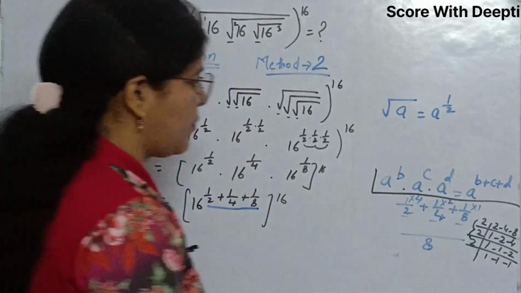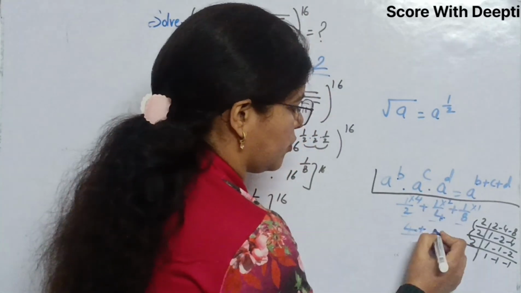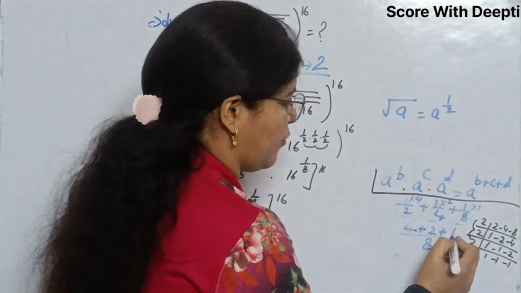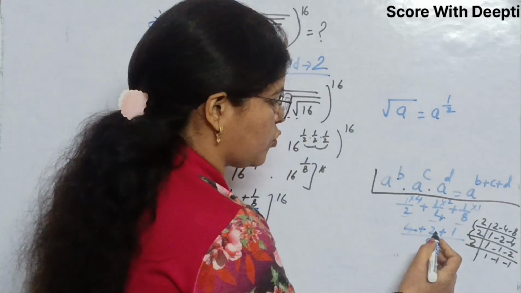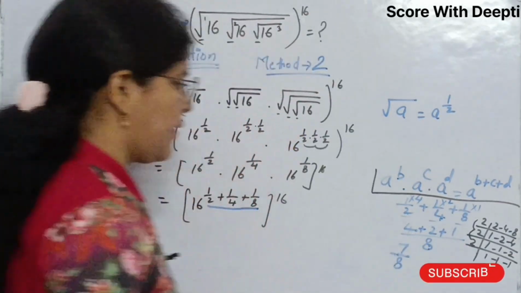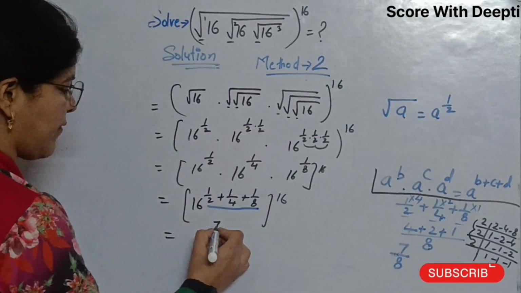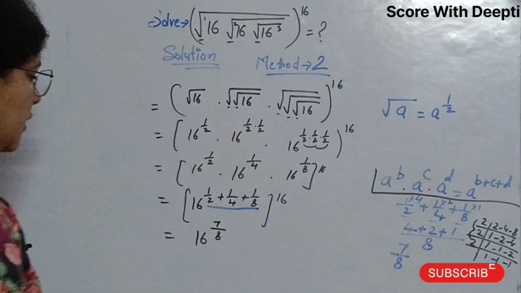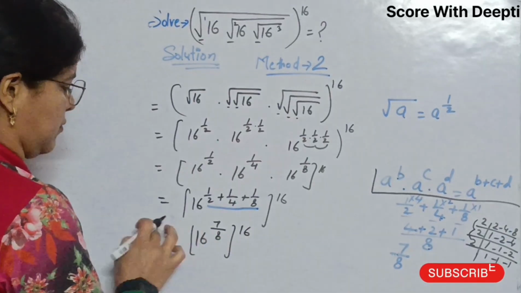Next, we multiply this and get 4 plus 2 plus 1. Next we solve this and get 4 plus 2, 6, plus 1, 7. So 7 by 8. Next, in place of this, we will write 16 to the power 7 by 8, to the whole power 16 as it is.